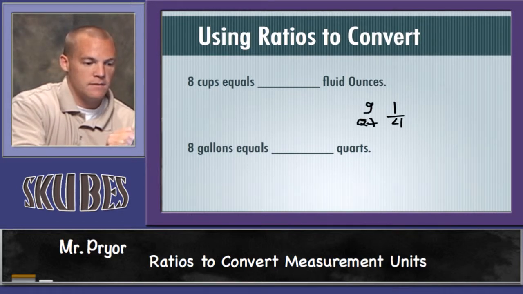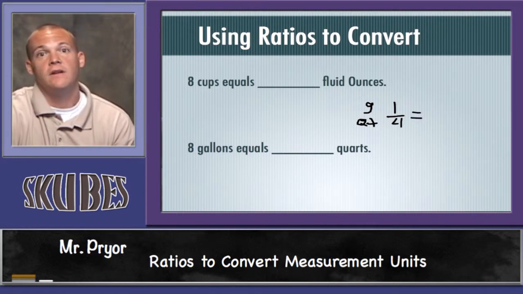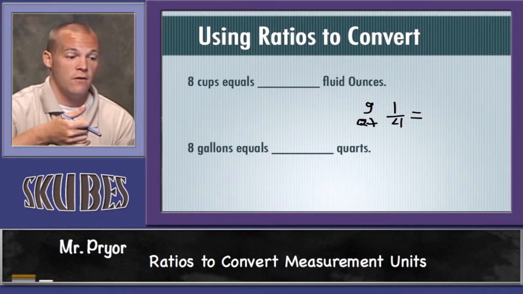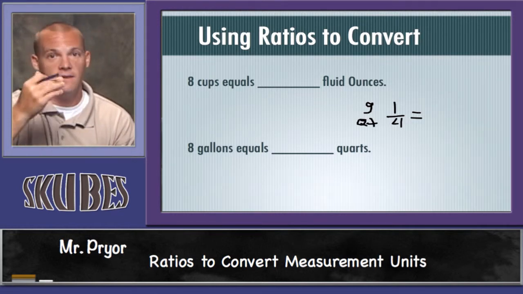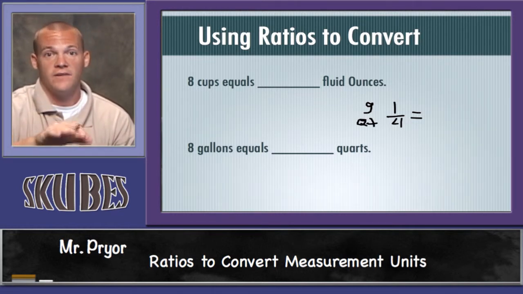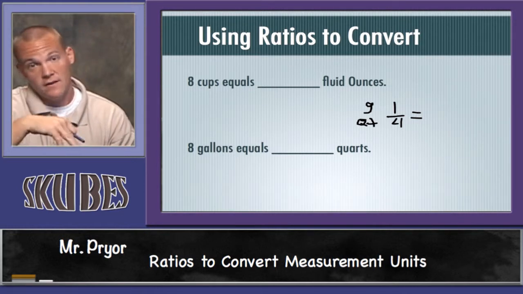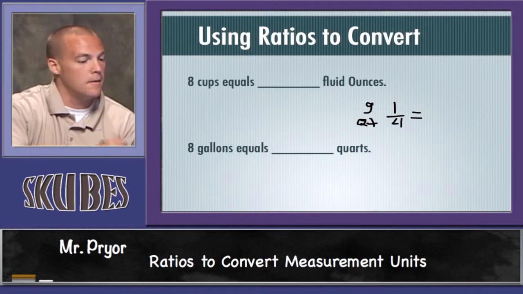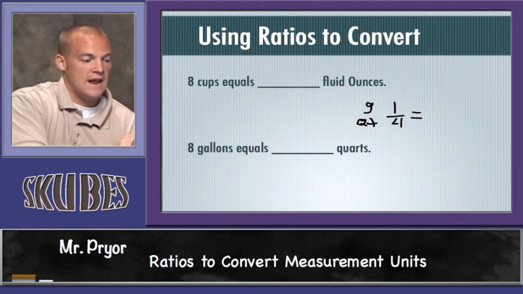As a reminder, you need to make sure that that second fraction keeps that same order of gallons over quarts. If you chose to flip that over and do 4 to 1, again, the second fraction would also have to represent that. It would have to be quarts over gallons. So make sure you pay attention to that, otherwise it'll get all mixed up. So we're looking at 8 gallons.